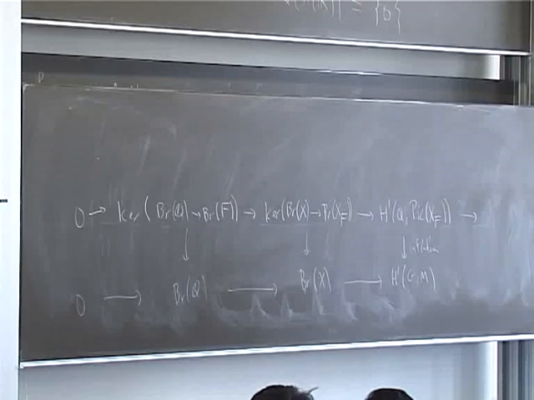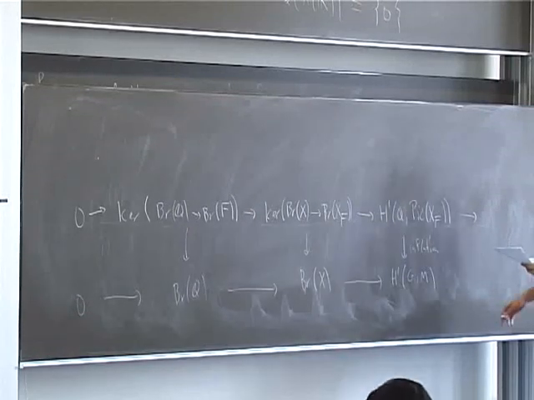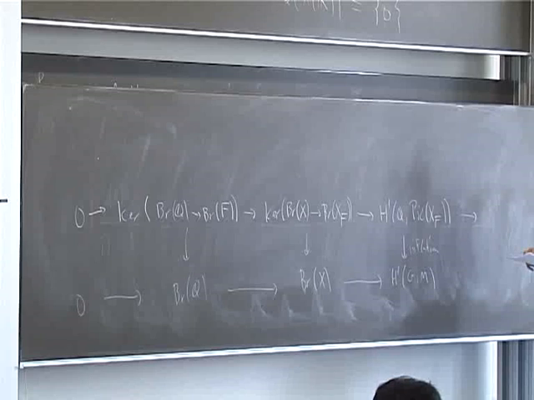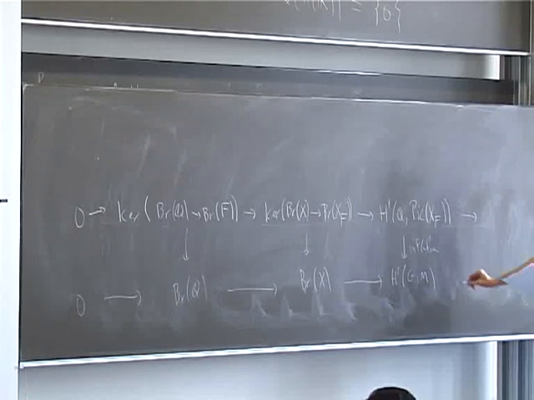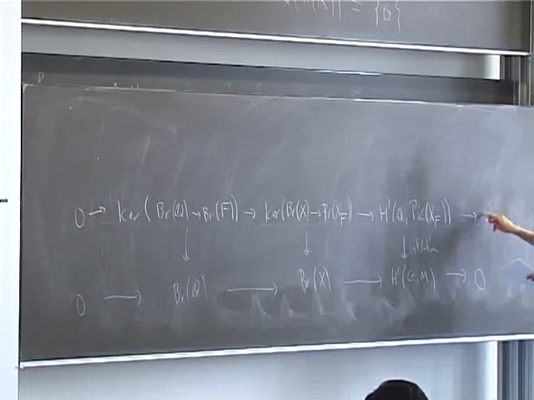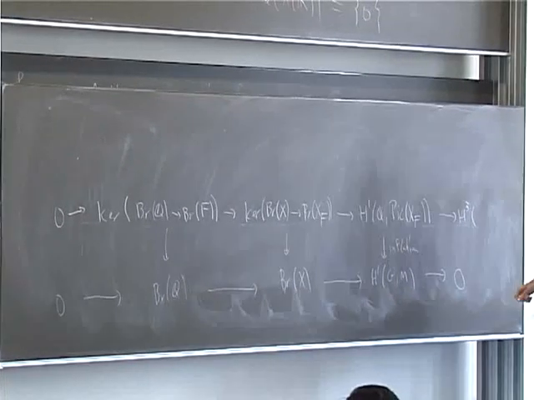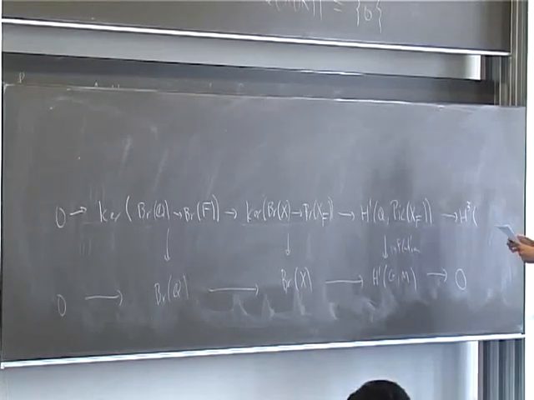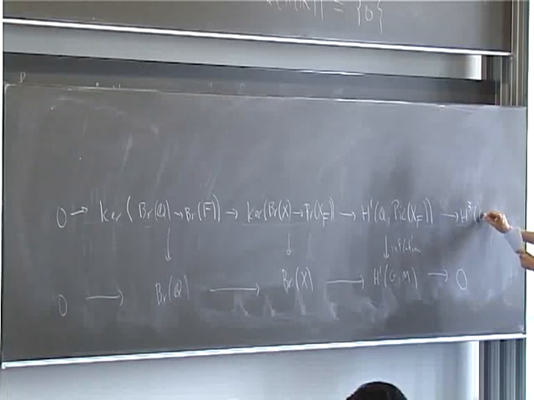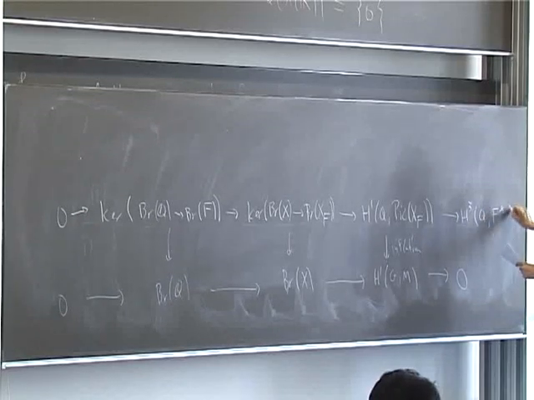Okay. Now this is exact, but here there's a nasty H3 group. And now which is it? It's H3 of Q, with values in F star.